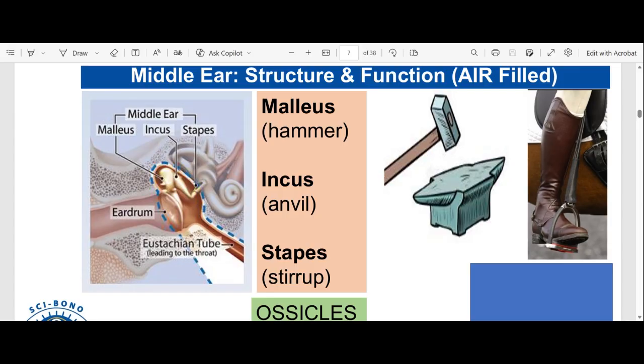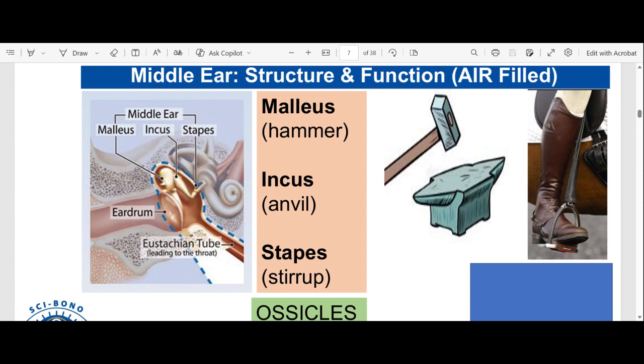Why? Because they amplify our sound waves, or you can say they amplify vibrations. Because when it comes to the middle ear, now we're dealing with vibrations. We're no longer dealing with sound waves. There's a difference between sound waves and vibrations. So in the middle ear, we are now dealing with sound vibrations, right?